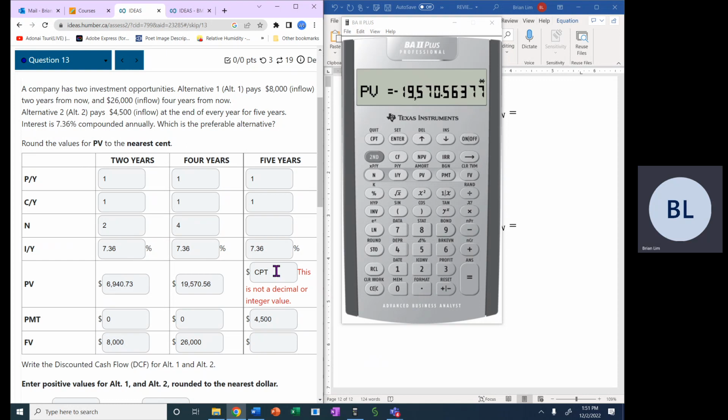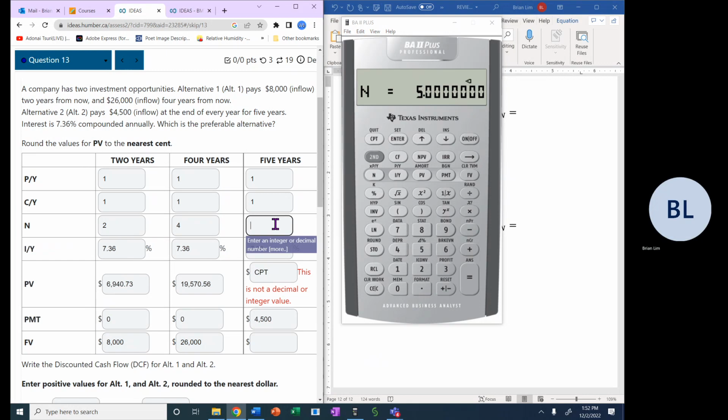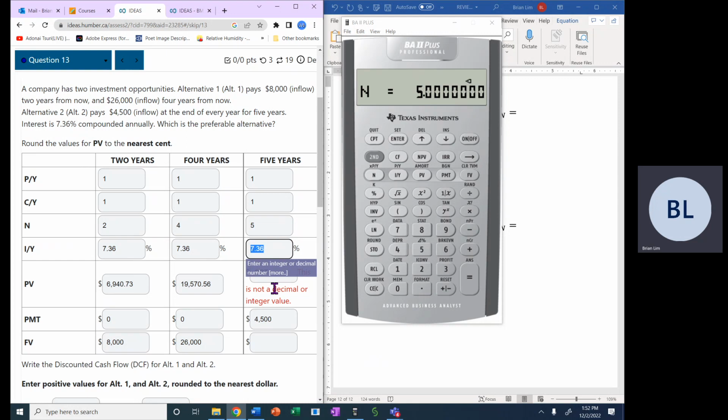Okay, and now let's go over to the 5 years. Now that is alternative 2. So 4,500, which is this number right here, at the end of every year for 5 years. So now we have, well, CY and CY are still 1. We can go and check it to make sure, and everything looks good. So it's for 5 years, so 5, second, and N. So N turns out to be 5. Now the interest rate is the same. We're going to compute the present value.